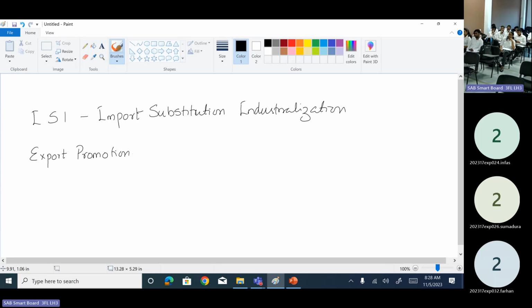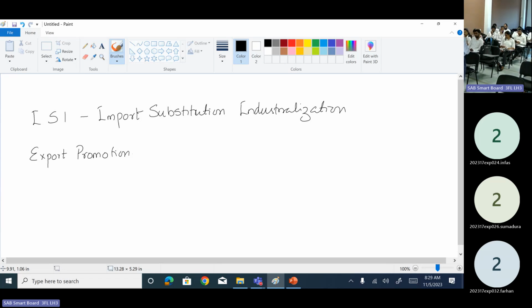Countries use export promotion to industrialize. Basically, the ISI strategy was used by most countries in the world before 1960. But after the mid-1960s and getting up to the 70s onward, most countries, with the globalization process, moved to export promotion and free trade.